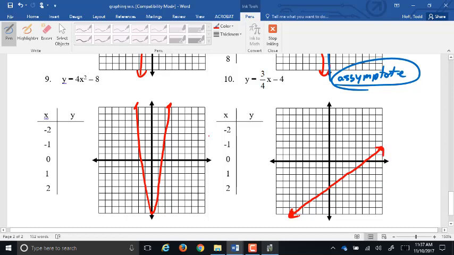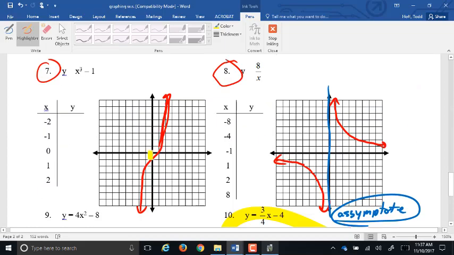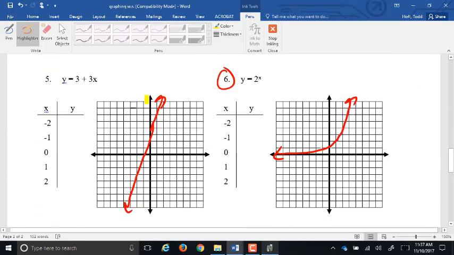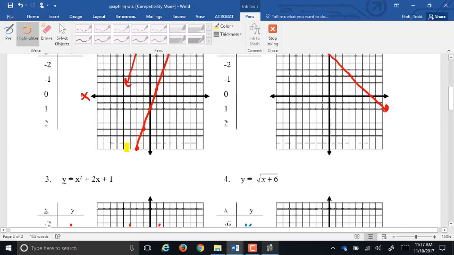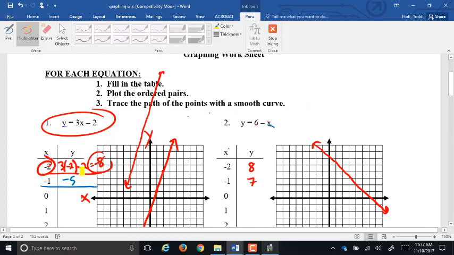So as we look through these, we see that number 10 was a line. Number 5 made a line. And numbers 1 and 2 made lines.